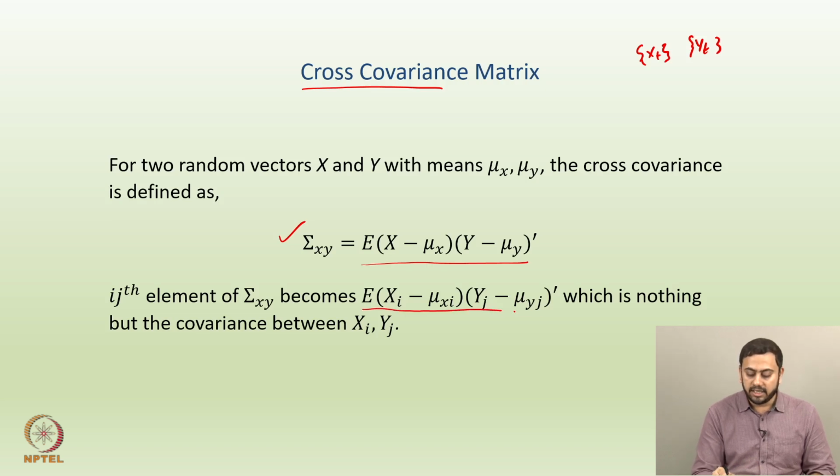If you take the ijth cell of that matrix, that is nothing but the expectation of (xi minus mu xi) into (yj minus mu yj) transpose, which is nothing but the covariance between these two random variables, xi from the first random vector and yj from the second random vector. So the ijth element of that cross covariance matrix is nothing but a single covariance between two random variables, xi and yj, coming from these two individual random vectors.